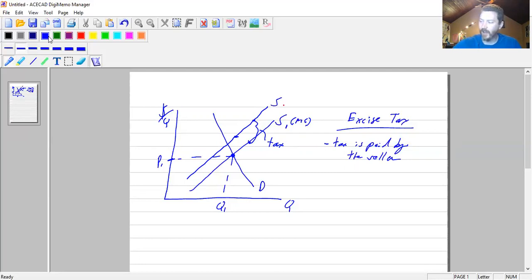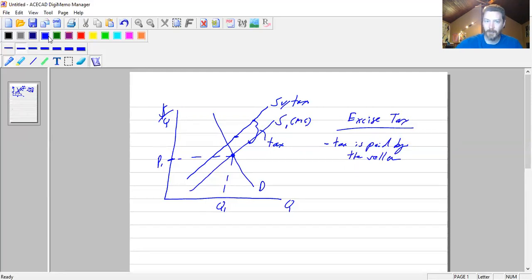So this is the supply with the tax. The supply after the tax has been introduced becomes the new supply curve. So as you can see, supply moves leftward, and that's a decrease in supply. Remember, to be clear on that, that's a decrease in supply. Remember how we discussed that in the chapter 4 lecture.